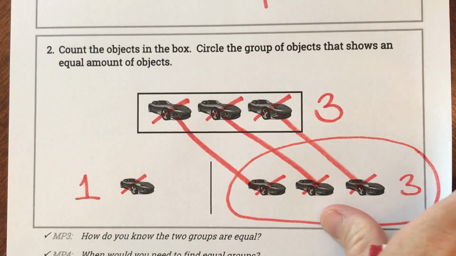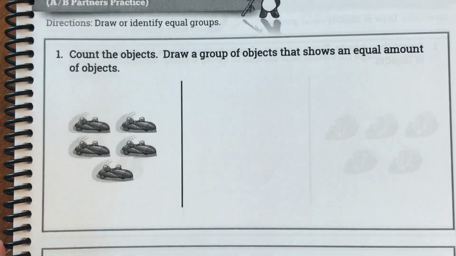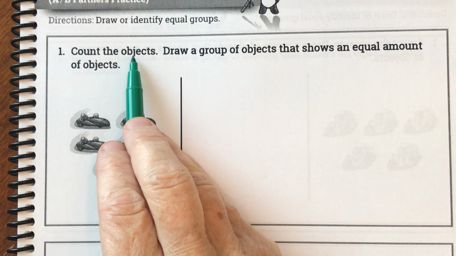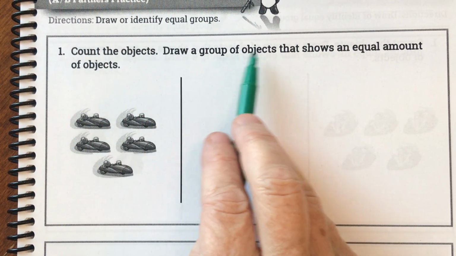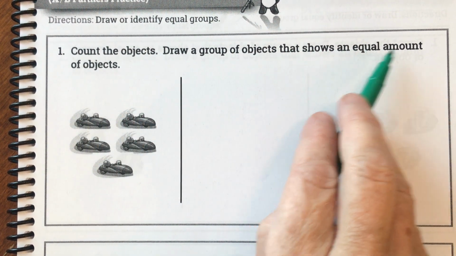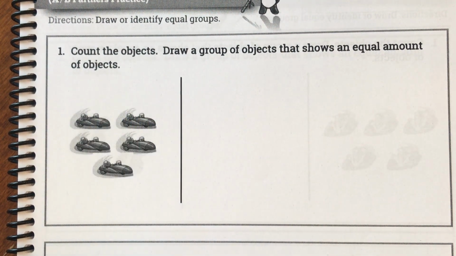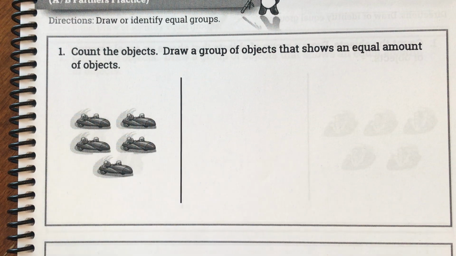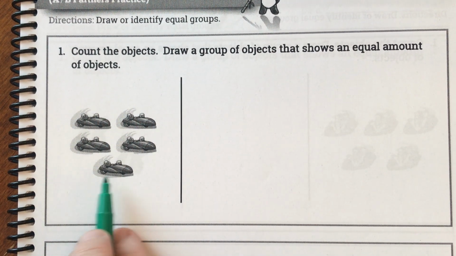We are on page 121. 121, and our first problem says, count the objects. Draw a group of objects that shows an equal amount of objects. Okay, so these are kind of a silly kind of car where there's 2 people in them.